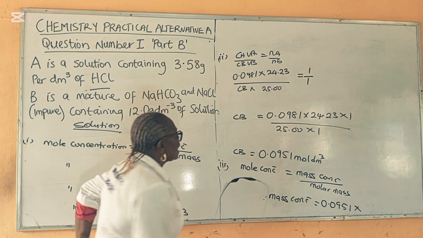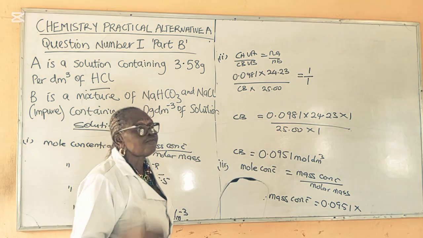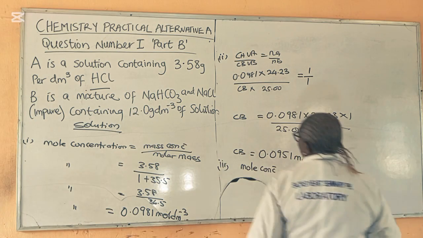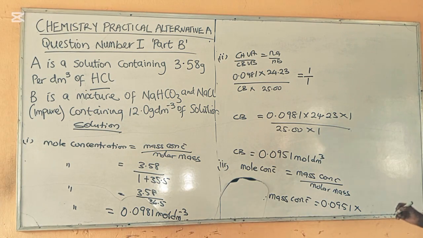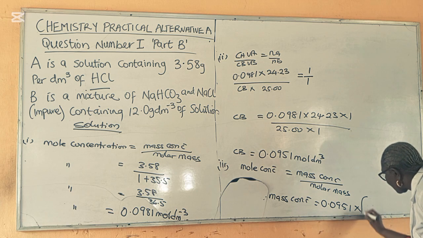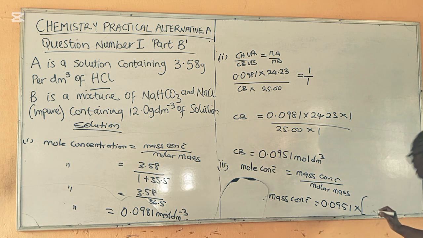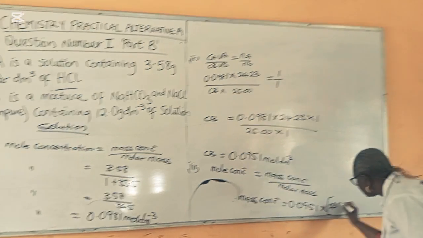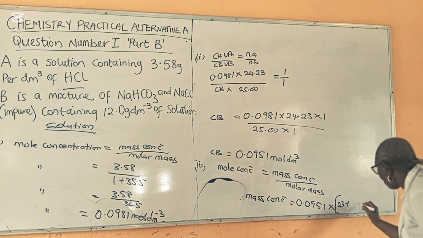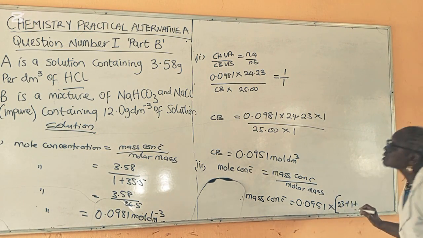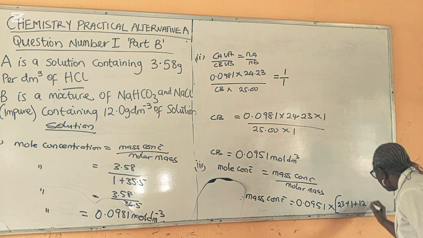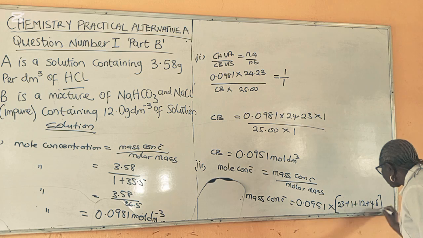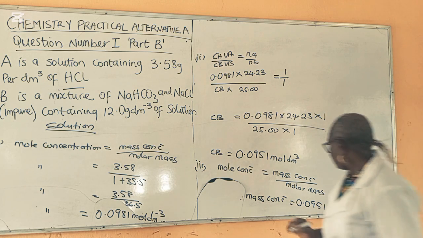Then we are going to calculate the molar mass of the base this time, because we are working with the base. And the base is NaHCO3. Na is 23.0 plus 1 plus 12 plus 48. And that will give us 84.